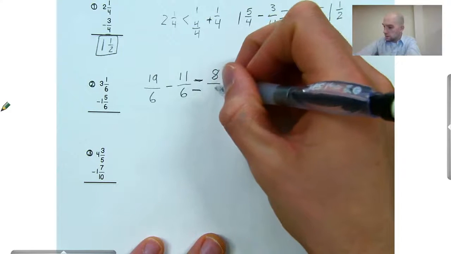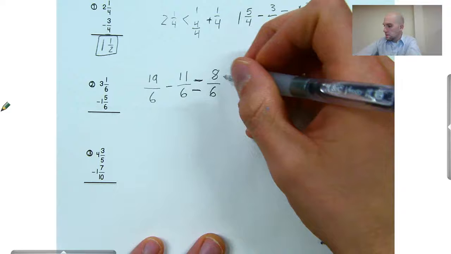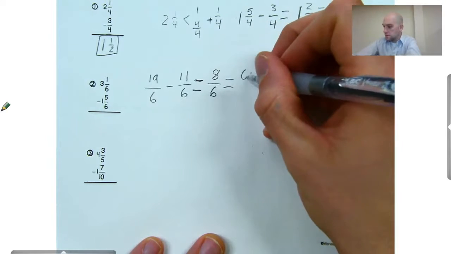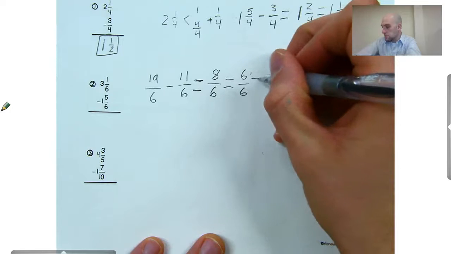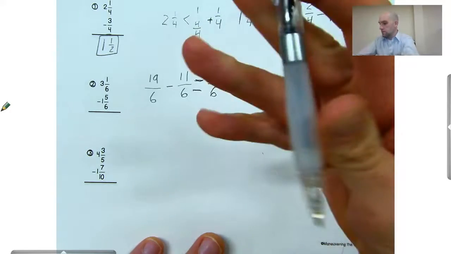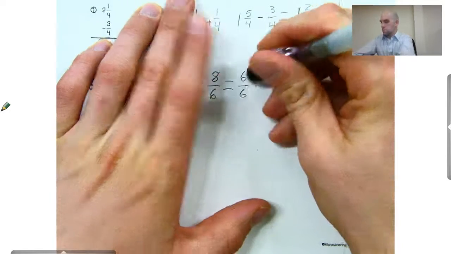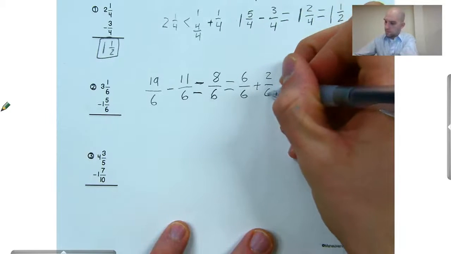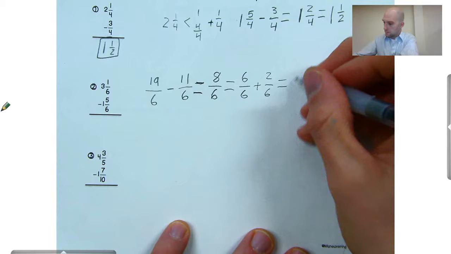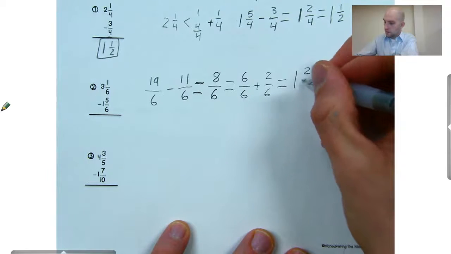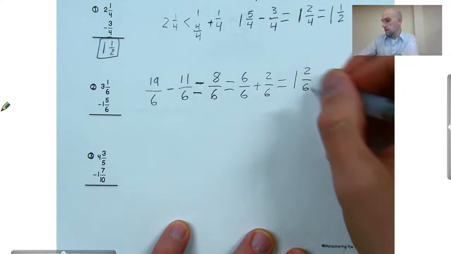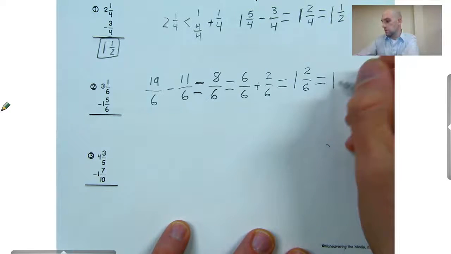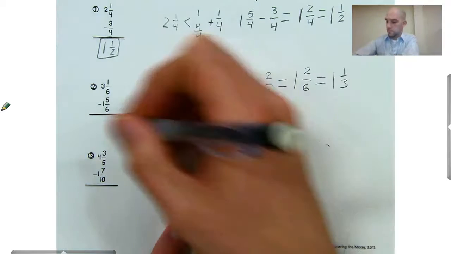Excuse me, 8 sixths. Which equals 6 sixths plus 2 sixths. Of course, 6 sixths is 1. So that gives me 1 and 2 sixths. And that will reduce to 1/3. So it gives me 1 and 1/3.